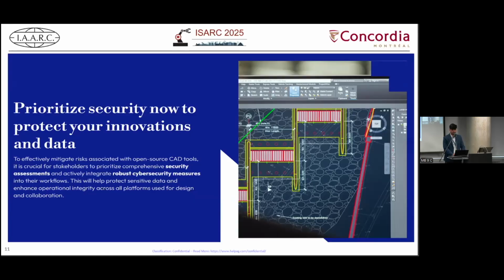For industries like AECO, where digital collaboration and design integrity are paramount, these risks could translate into costly project delays, loss of intellectual property, or even damage to the reputation of the company itself. Taking proactive security measures now helps prevent these outcomes and builds trust in the tools that you use on a day-to-day basis.